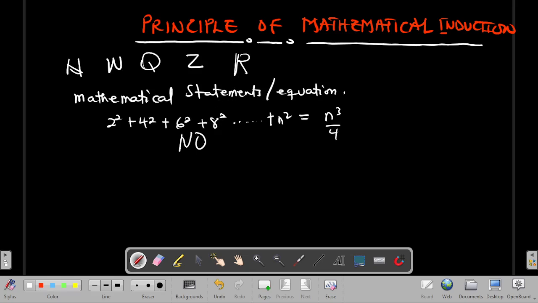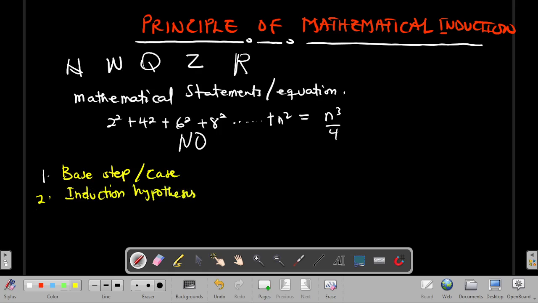The principle of mathematical induction uses 3 steps. First step, what we call the base step or the base case. Then we have the second step, which we call the induction hypothesis.